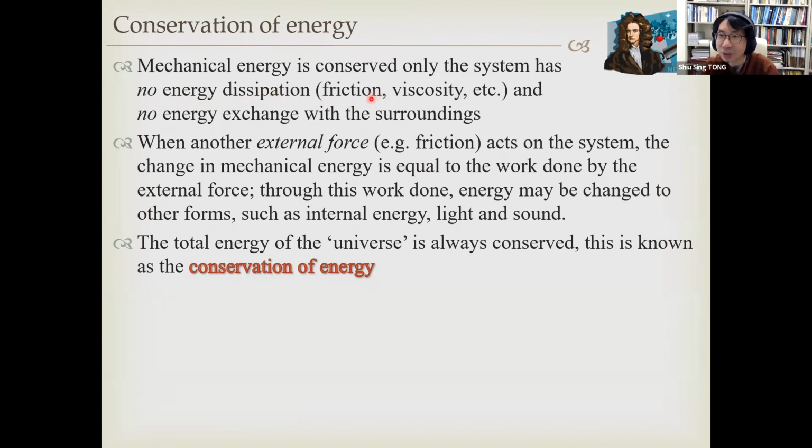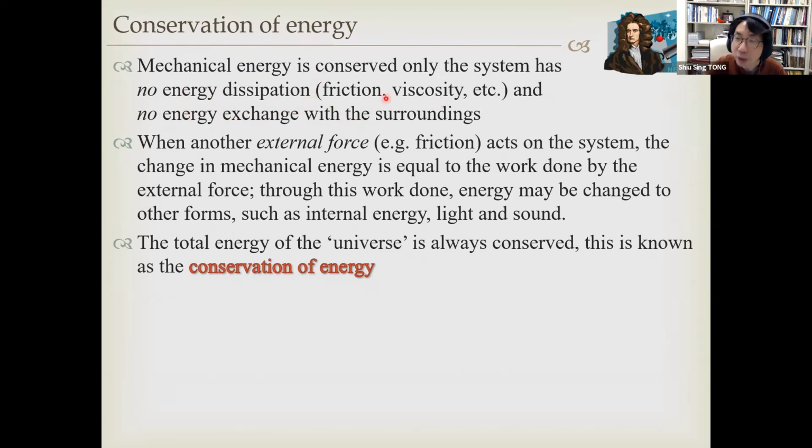All the internal forces are conservative forces, not dissipative forces. The dissipative forces include friction, viscosity, etc. And there's no energy exchange with the surroundings. There's no external force pushing it. Those are the two conditions for mechanical energy to be conserved.